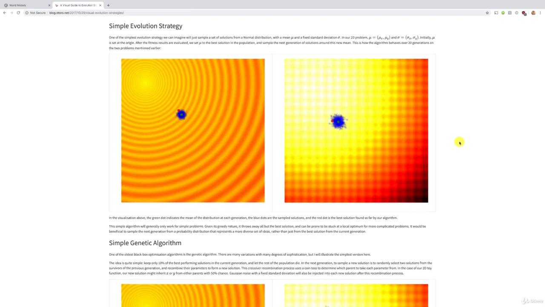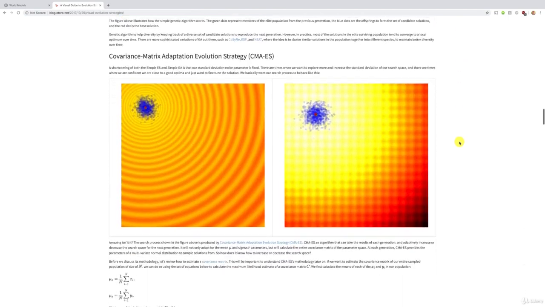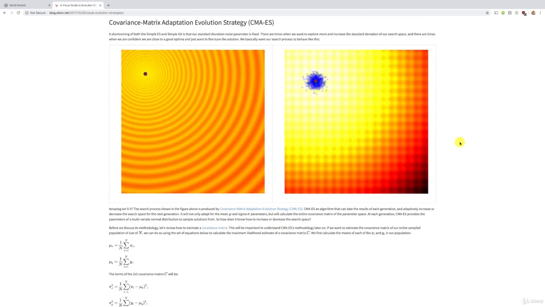But now, the particularity of the CMAES evolution strategy is that it is no longer fixed. The standard deviation noise parameter is no longer fixed, and that's why now you see some blue points surrounding the mean within different ranges. And that's a much better solution because if you have different mountain shapes, not necessarily higher and higher, you might get stuck in a local optimum.